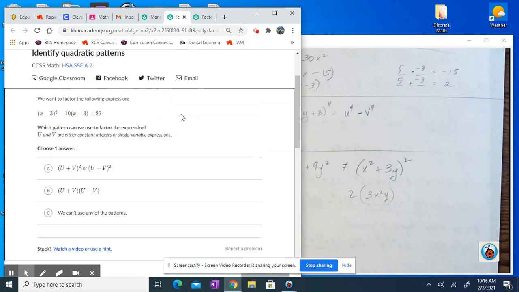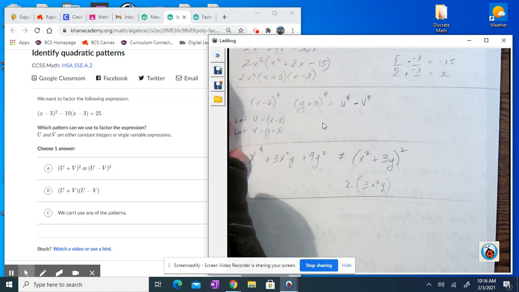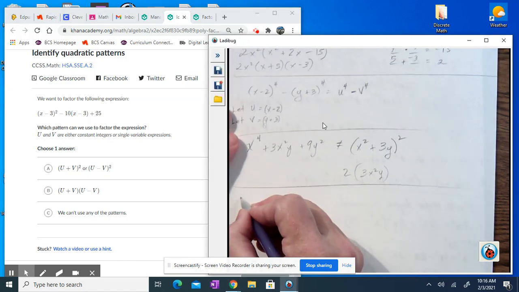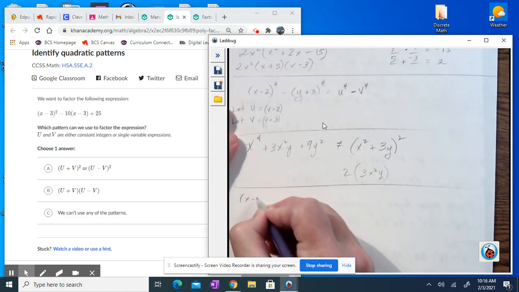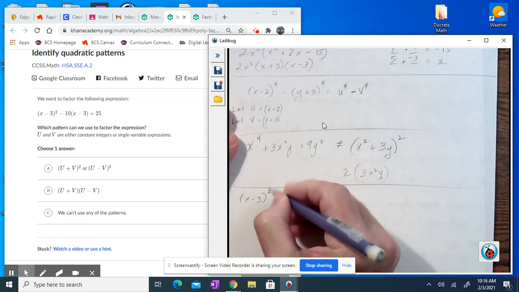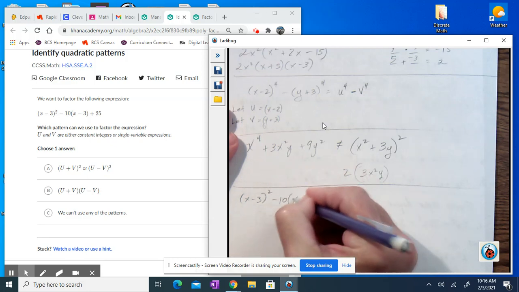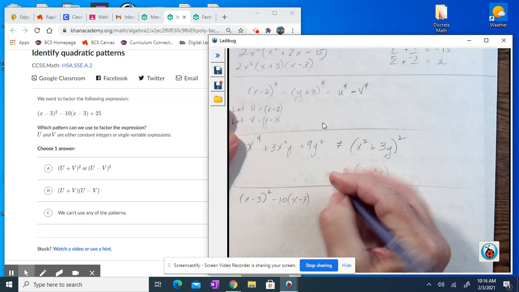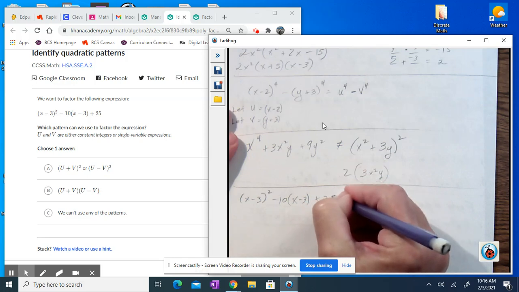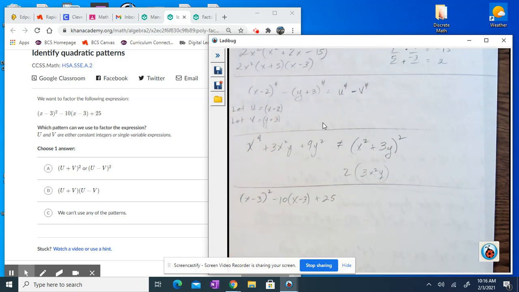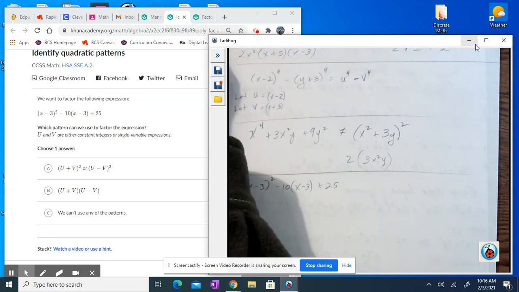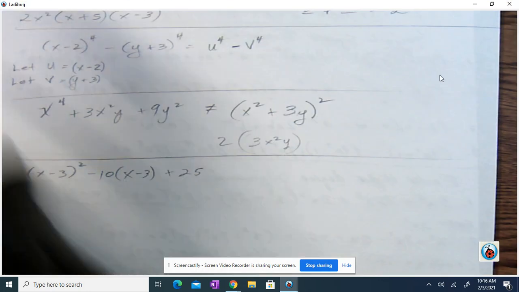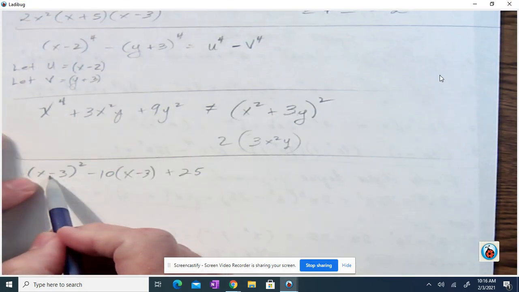All right, so here, let's see, we've got (x − 3)² − 10(x − 3) + 25. Well, it looks a little confusing like this, but let me just substitute.